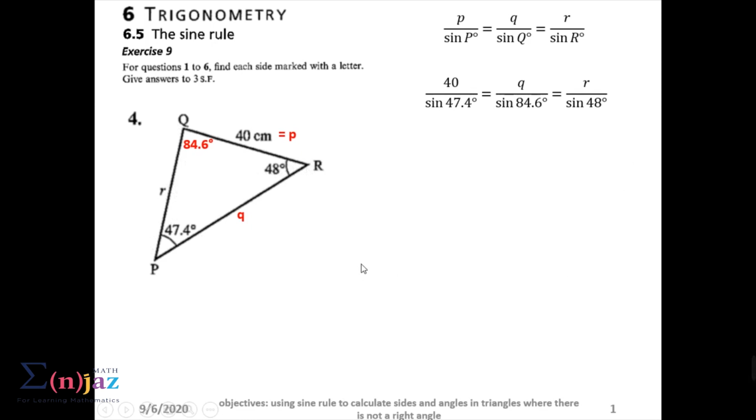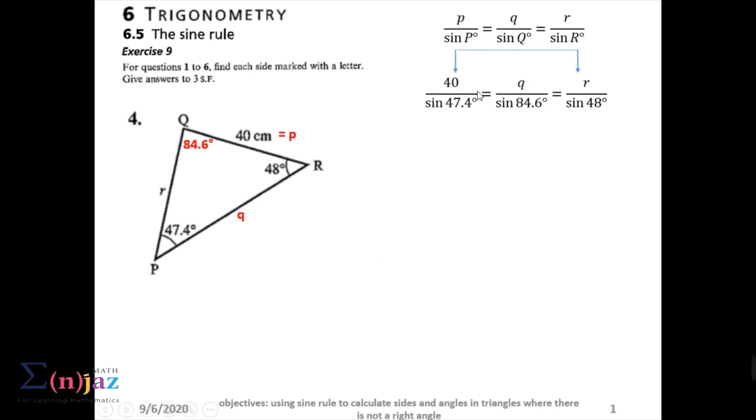Now, we're going to work with the first and the last fractions, because we are trying to find R here, right? And we can't take the middle and the last one because Q and R are unknowns.